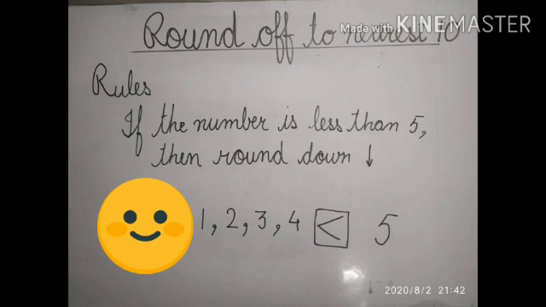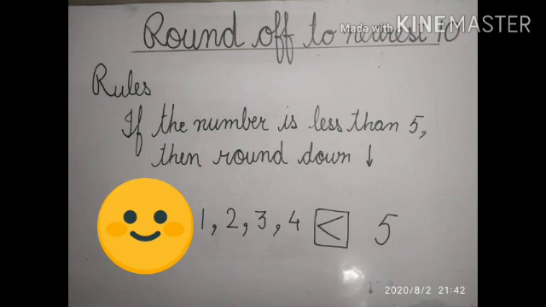Rule number 1. If the number is less than 5, then round down. Understand? If the number is less than 5, then we have to round down. For example, 1, 2, 3, 4. These numbers are smaller than 5.